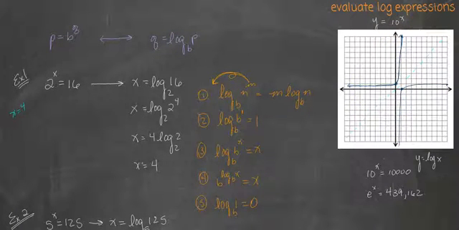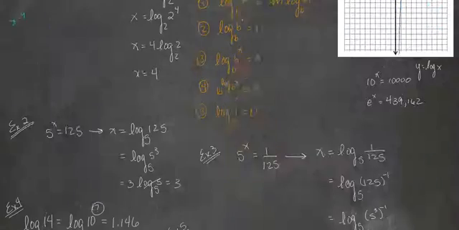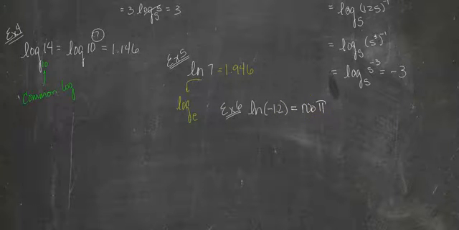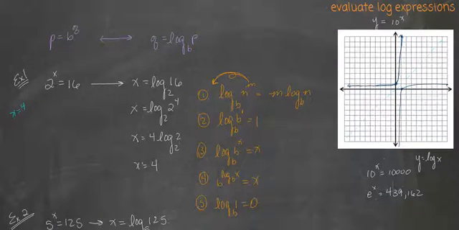The log function doesn't exist in the negative x range, at least not on the real numbers. So we can say this equals no real solutions. Okay, that's logarithms, evaluating log expressions in a nutshell.